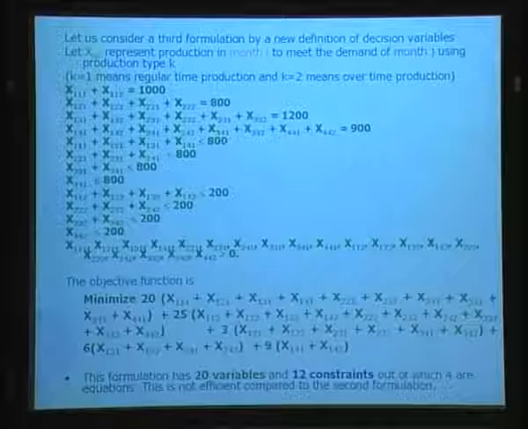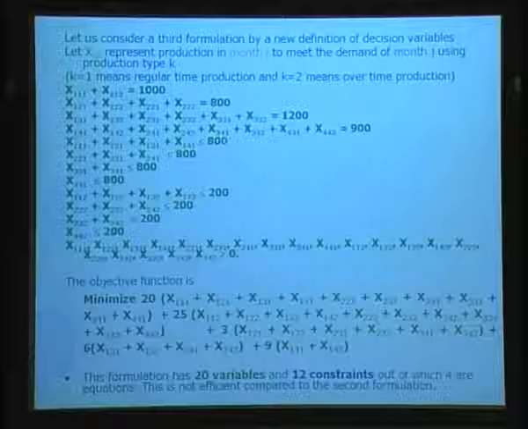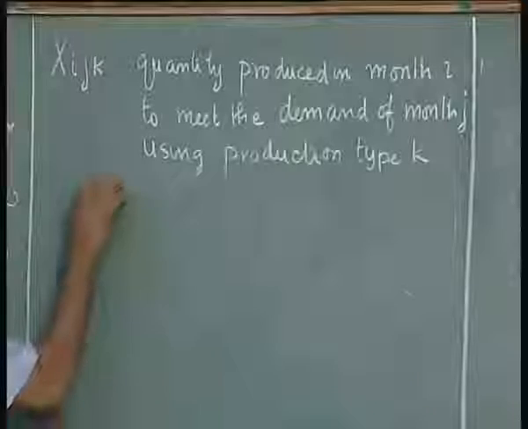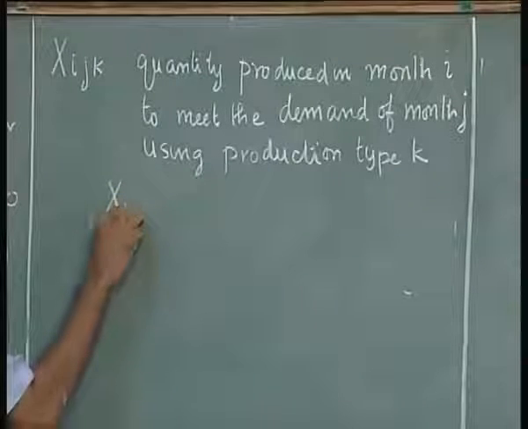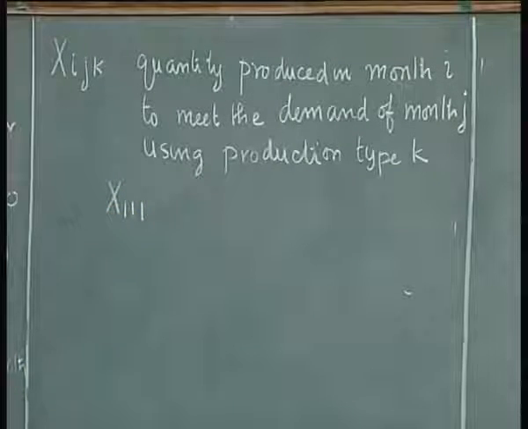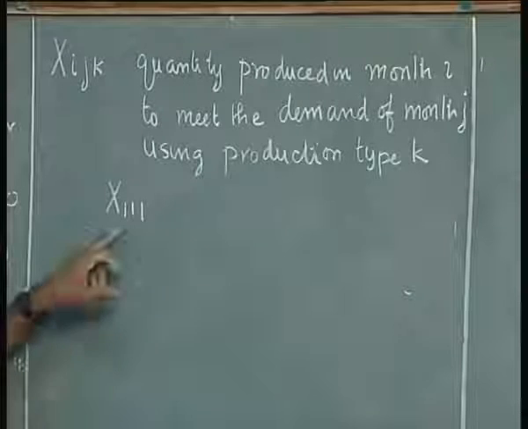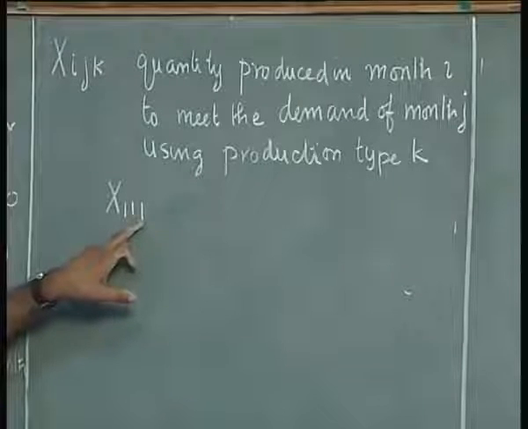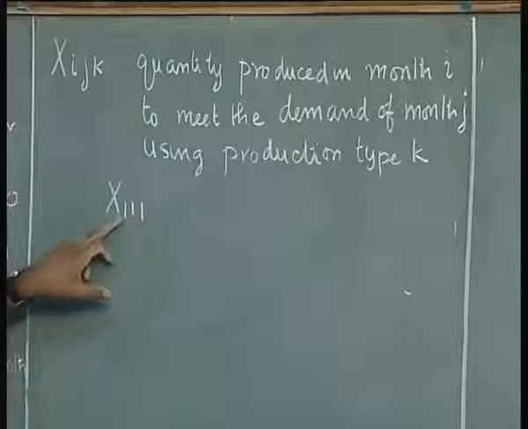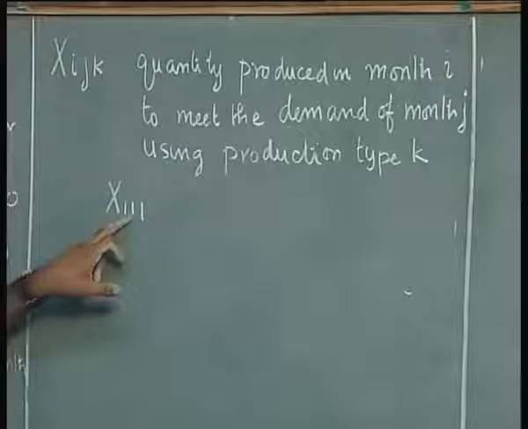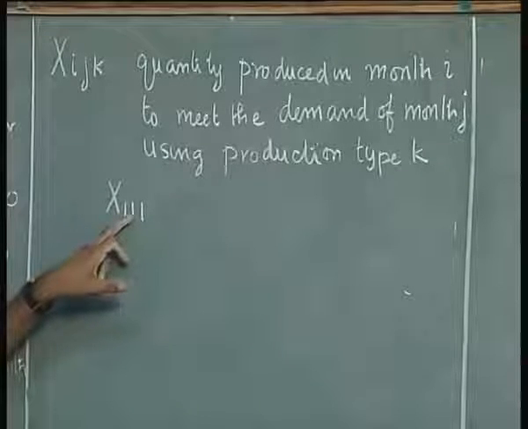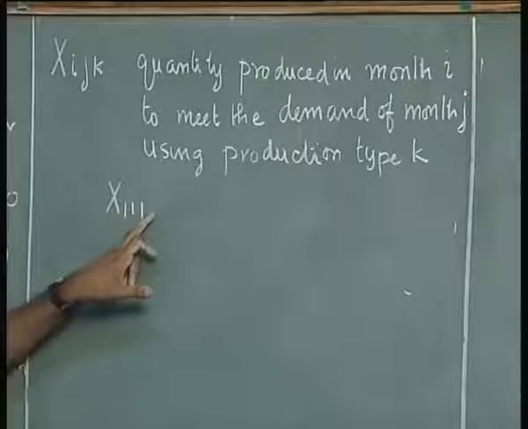As far as the first month is concerned, x 1 1 1 indicates producing in the first month, that is i equal to 1, to meet the first month's demand, j equal to 1, using regular time production.